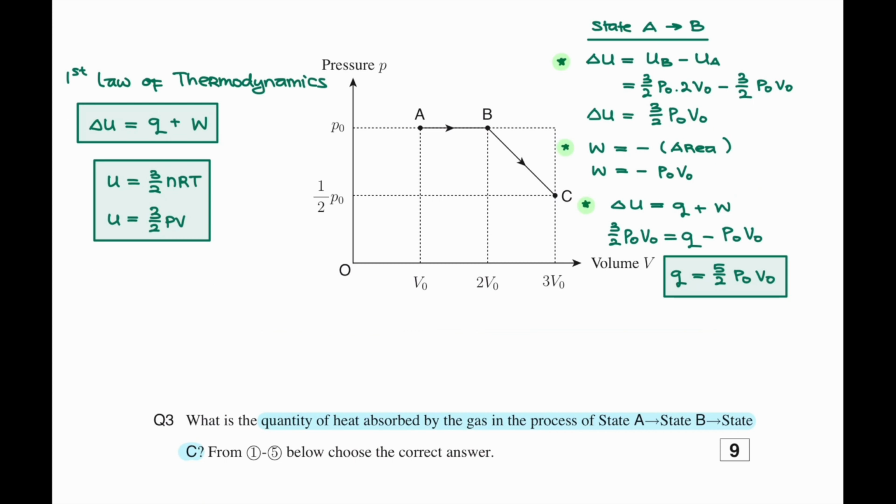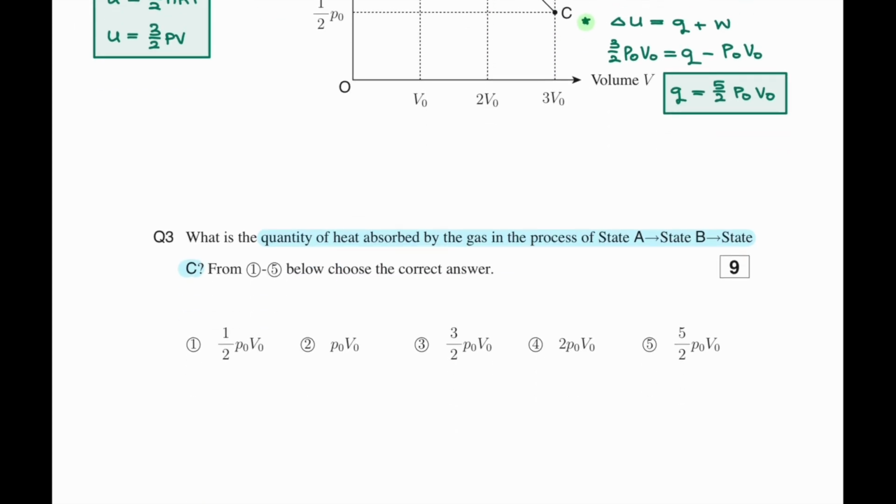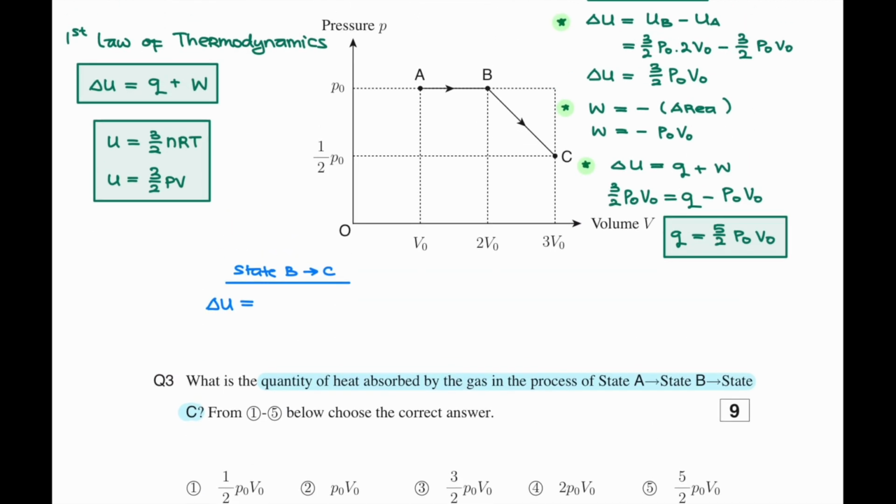And then my last step is I will analyze state B to state C by using the same concept. So let us calculate state B to C. First of all, I will calculate the change in internal energy. Since I analyze B to C, that means the change in internal energy is UC minus UB.